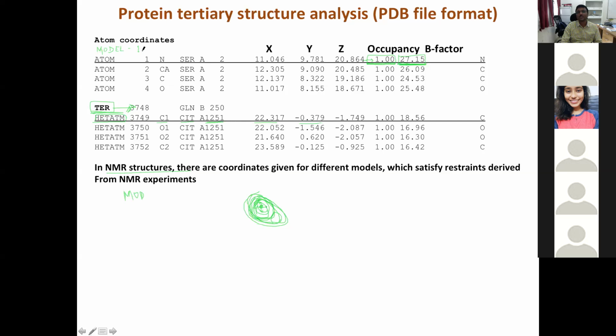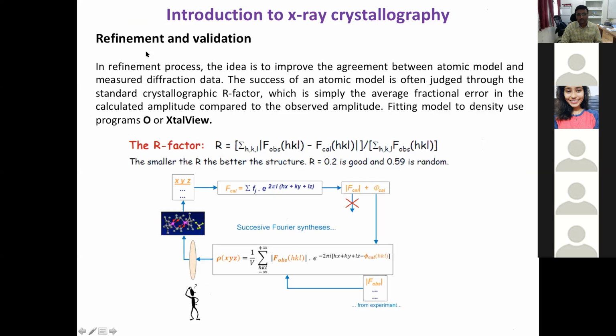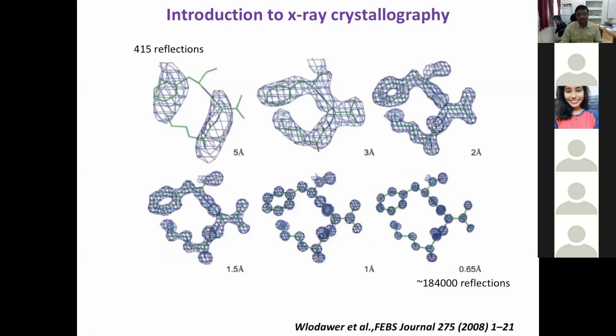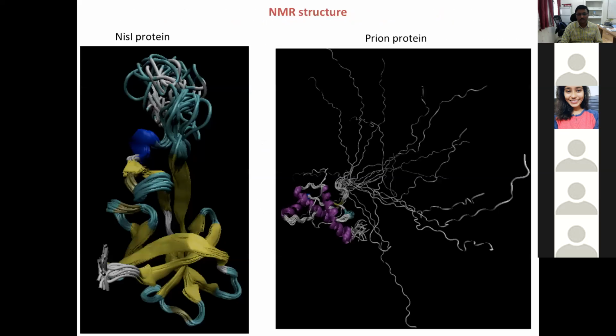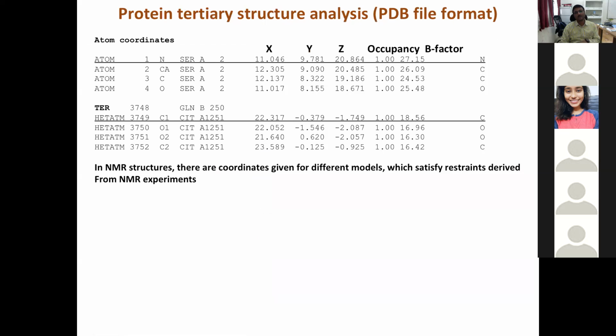Typically, as I said, with NMR you are fitting multiple models, so you have multiple structures: model 1, model 2, model 3, and so on. So this is an NMR structure. You see there are multiple conformations, and each of these conformations is called a model in a PDB file. So with this, I'll finish the PDB file format which I wanted to talk about.